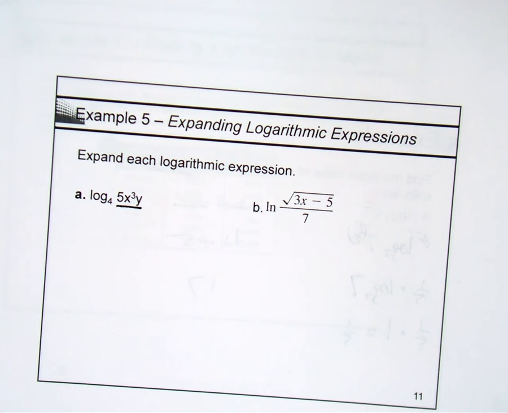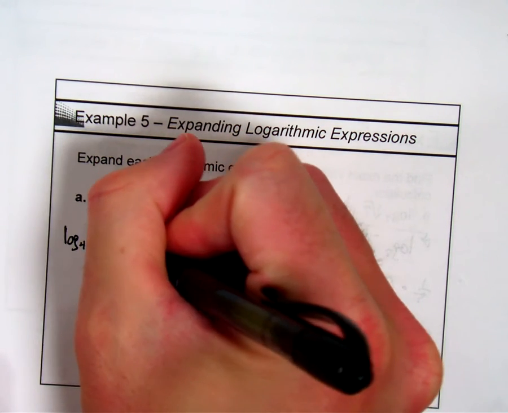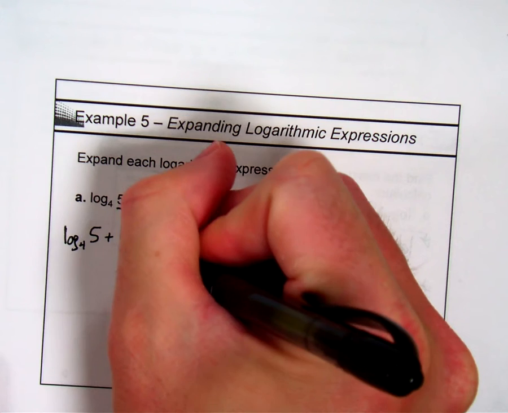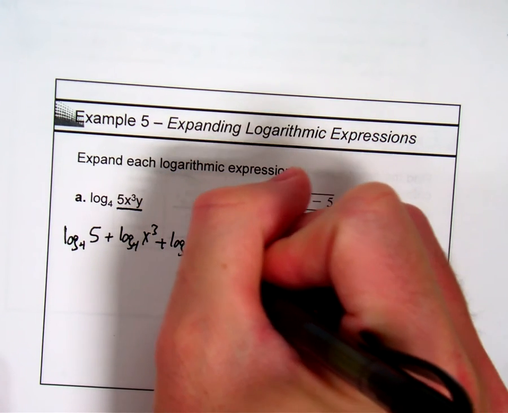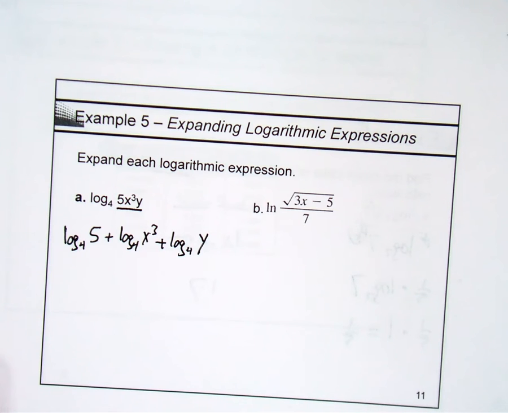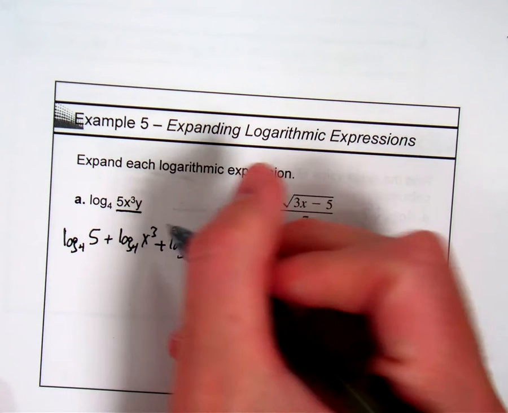Okay, but we can use our log product property to separate these out into less intimidating pieces. So we're going to have log base 4 of 5 plus log base 4 of x to the third plus log base 4 of y. Okay, don't forget about your power property.